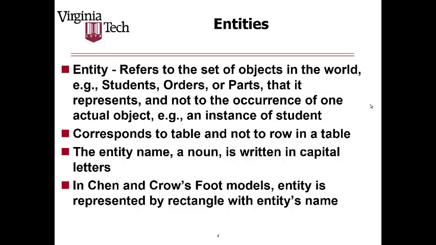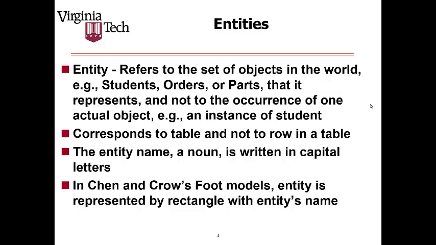The instances of the entity represent actual data values from actual objects of that entity type in the world. So, for example, if we have an instance of student, it has values for the attributes of student, like student name, date of birth, address, phone number.